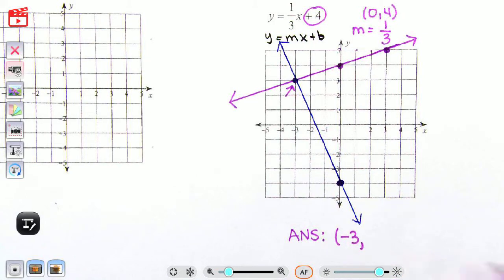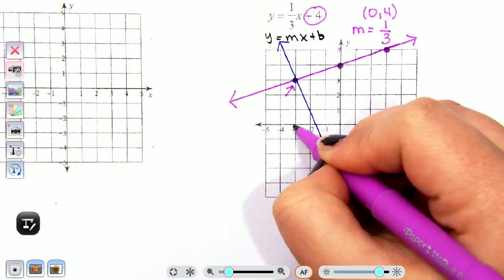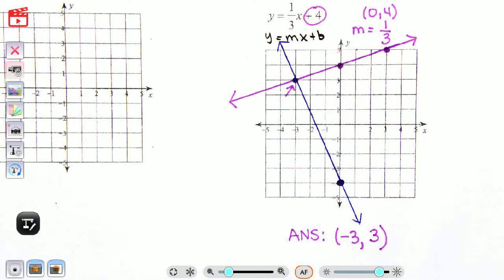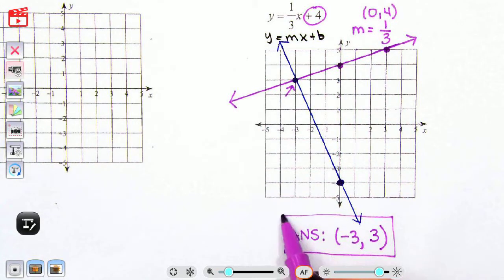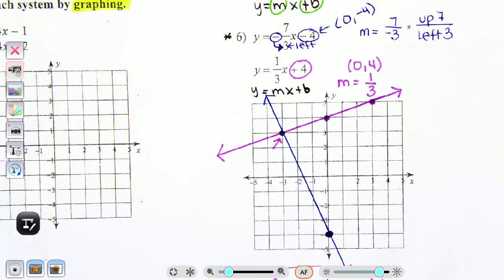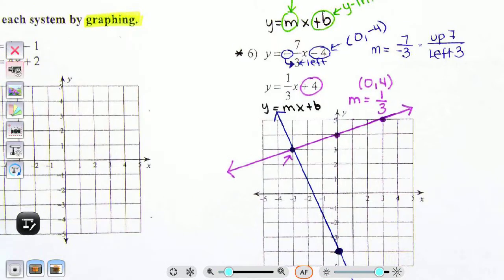Again, this is a point, so we're going to write it as a point. I'm going left 3, up 1, 2, 3, up 3. All right, that is the answer. Again, if you have any trouble solving with graphing, pause this video, go back, and rewatch it.